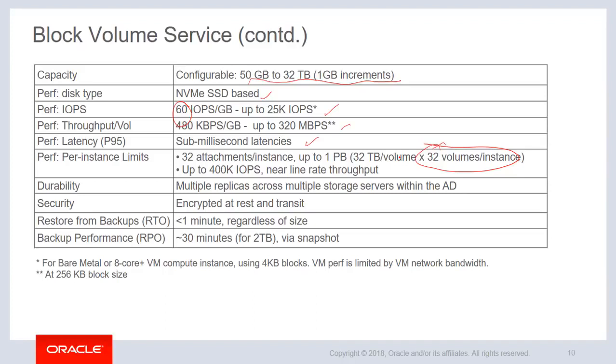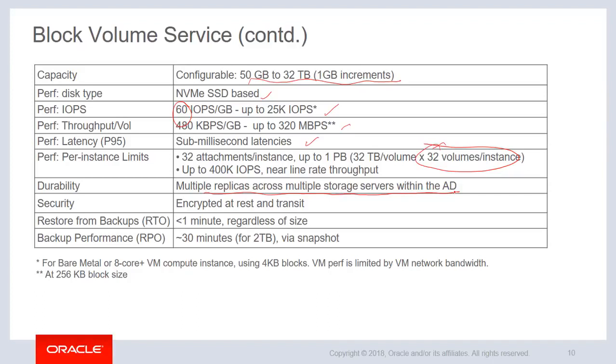Because this storage is durable and persistent, we manage multiple replicas across multiple storage servers within the availability domain. So first thing to keep in mind is block volume is an AD specific service. The block volumes themselves reside in a data center in an AD, and they are network storage, so they run on storage servers which live somewhere on the network, and we manage multiple copies.